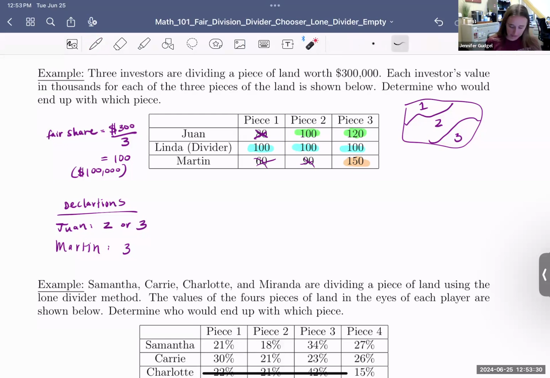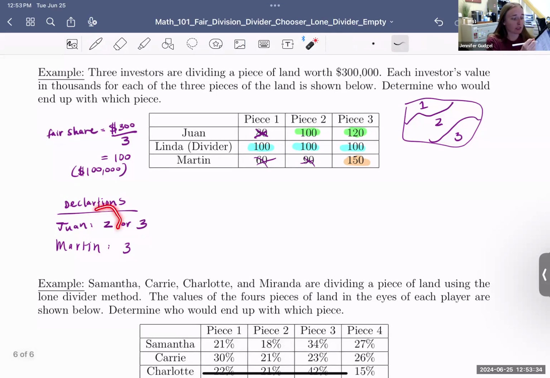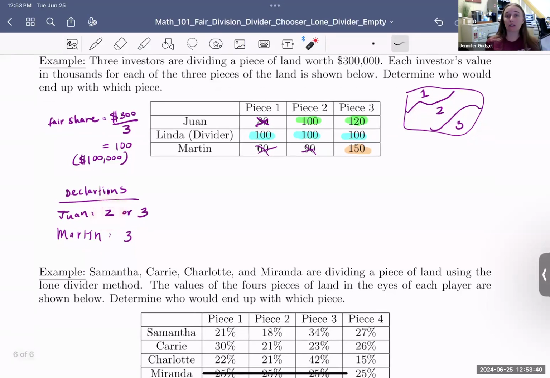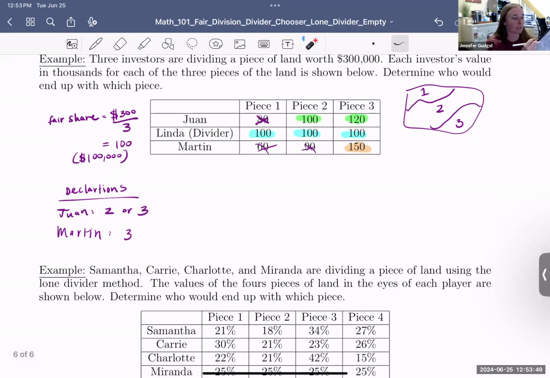Non-contested pieces are pieces that are only in one person's list. In this case, piece number 2 is non-contested because it's not like piece number 3, which 2 people want. So it doesn't get assigned first. We start with the ones that are only in a single person's list.